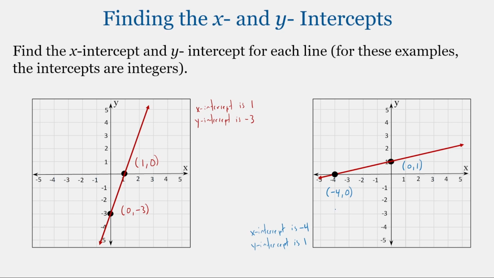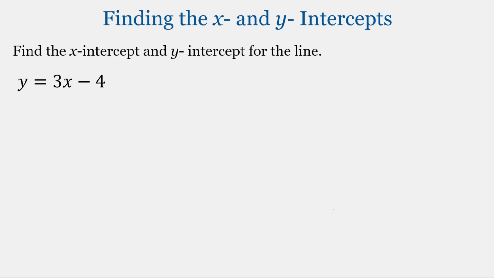So it is possible to find the x and y intercepts using a graph, but it's more common to find the x and y intercepts for the line algebraically. So when we're looking at the x-intercept, we know that the y value is going to be 0.